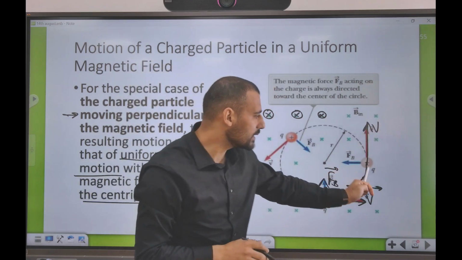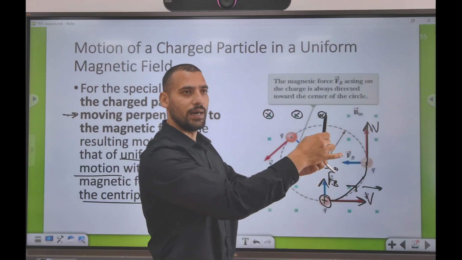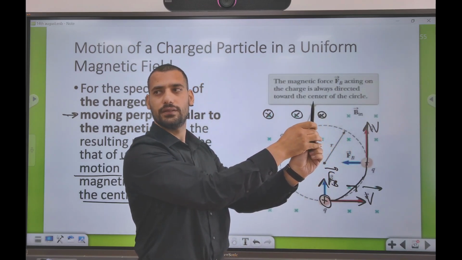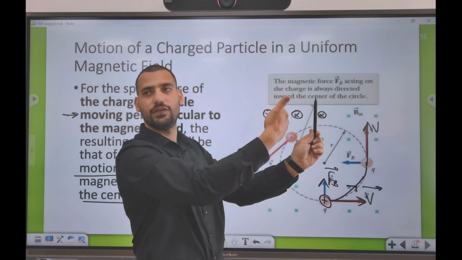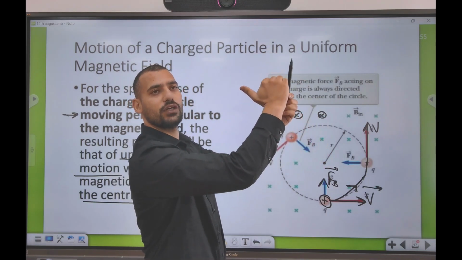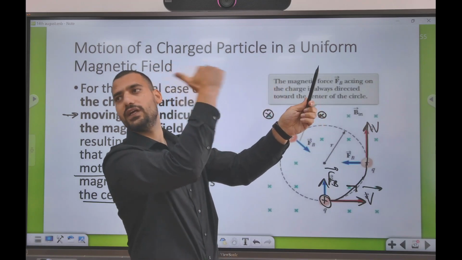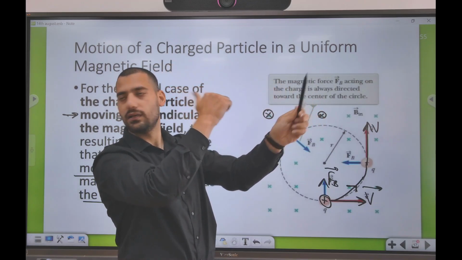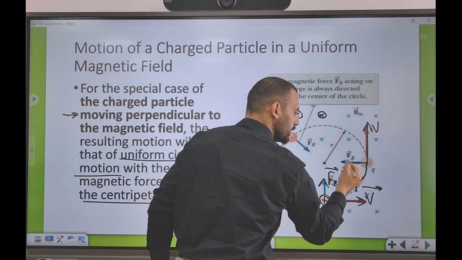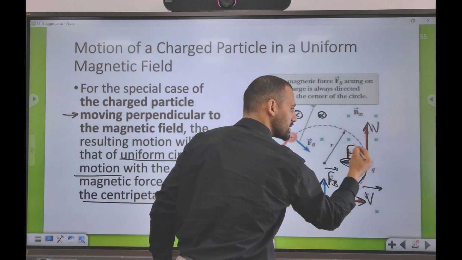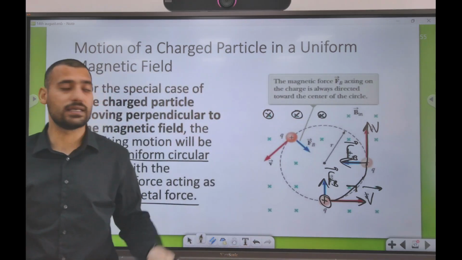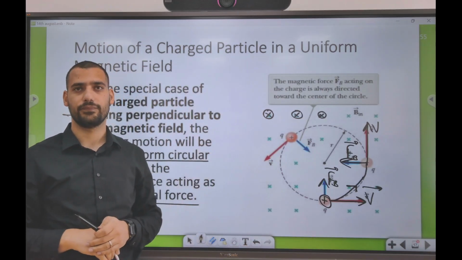Now the moment it is here, the velocity is up and the magnetic field is in. So when you go for V cross B, the force again is showing towards the center. So at each and every point, what we are seeing is that the magnetic force is directed towards the center.